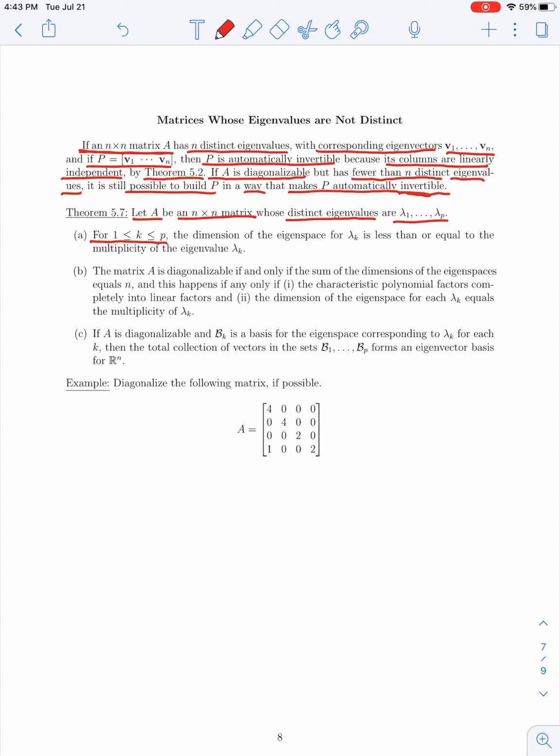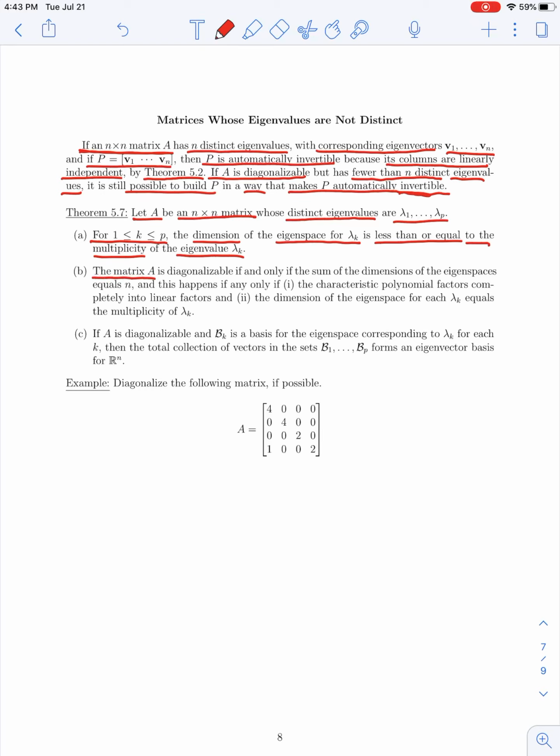For values of k between 1 and p, the dimension of the eigenspace for the eigenvalue lambda k is less than or equal to the multiplicity of the eigenvalue lambda k. So the eigenspace must have dimension at most equal to the multiplicity of the eigenvalue.